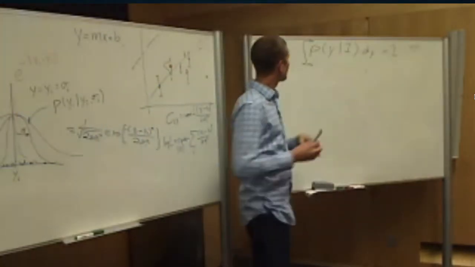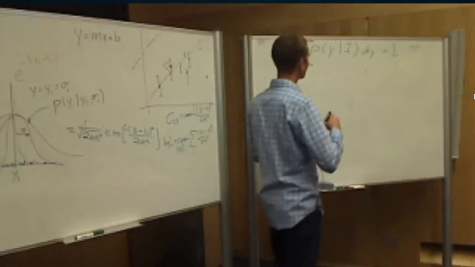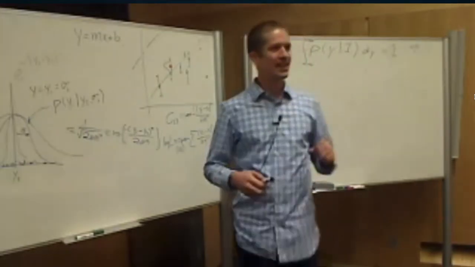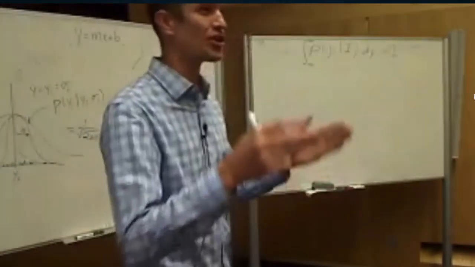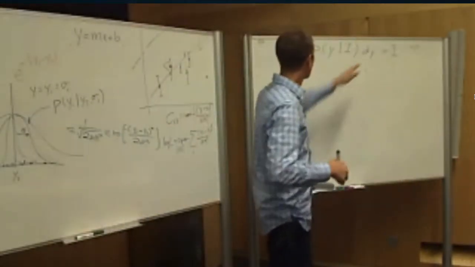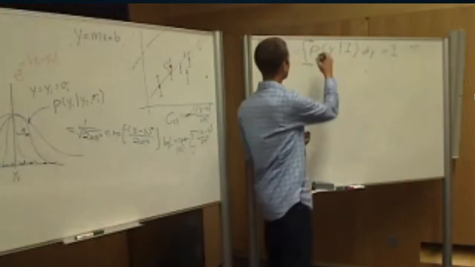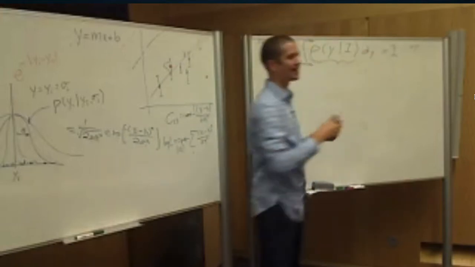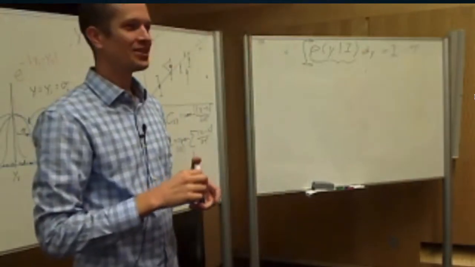So what are the units of this? So let's say y is a distance. We're measuring the length of a rod or something like that. Y is a distance. What are the units of P of y given I? Yeah, it's 1 over y.